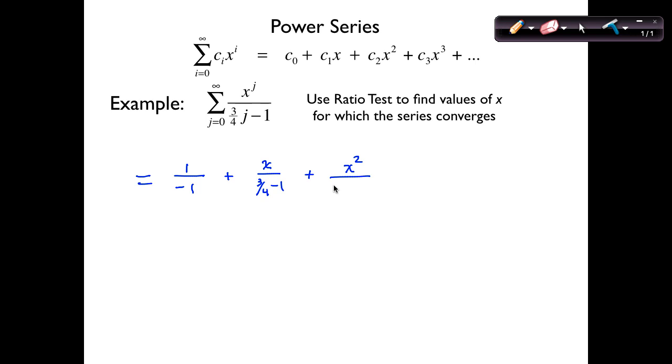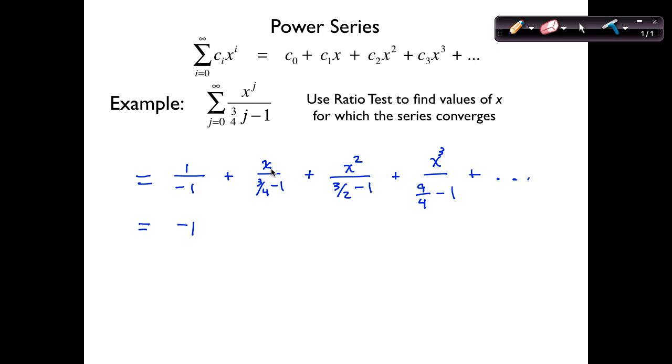Okay, so is that 1.5? And on and on and on. So let's simplify that. So this is -1. And then what is that? That's -1/4, right?